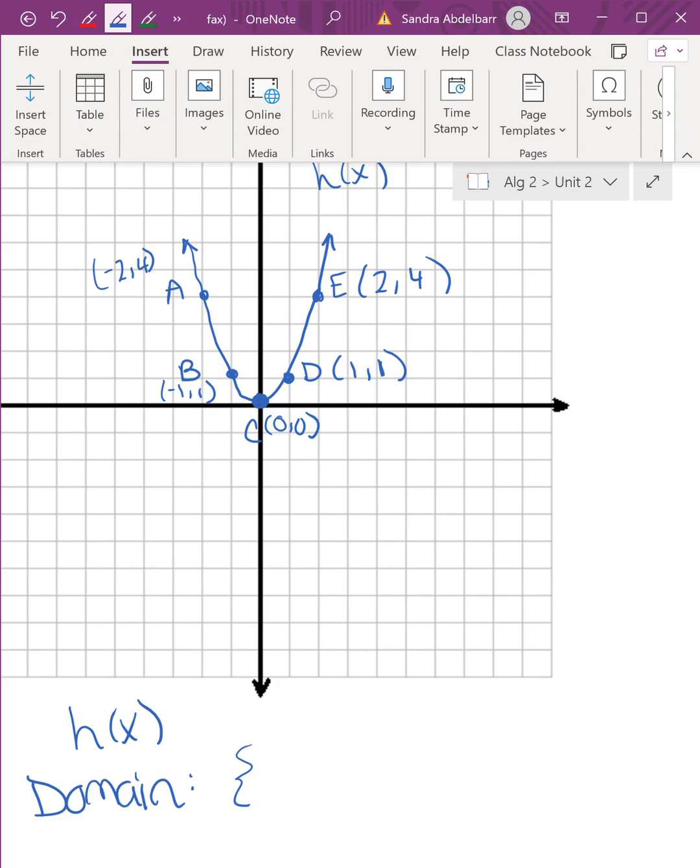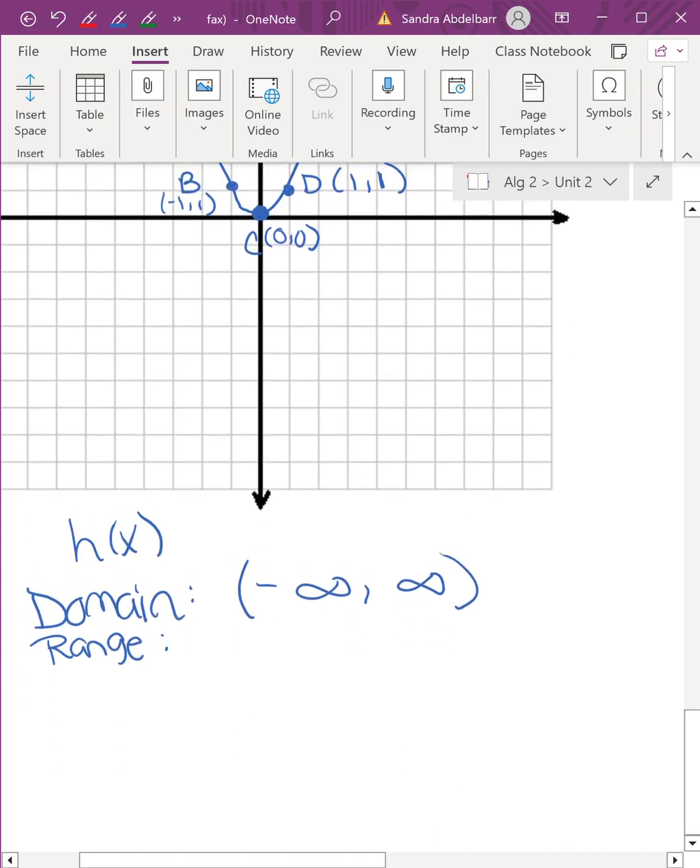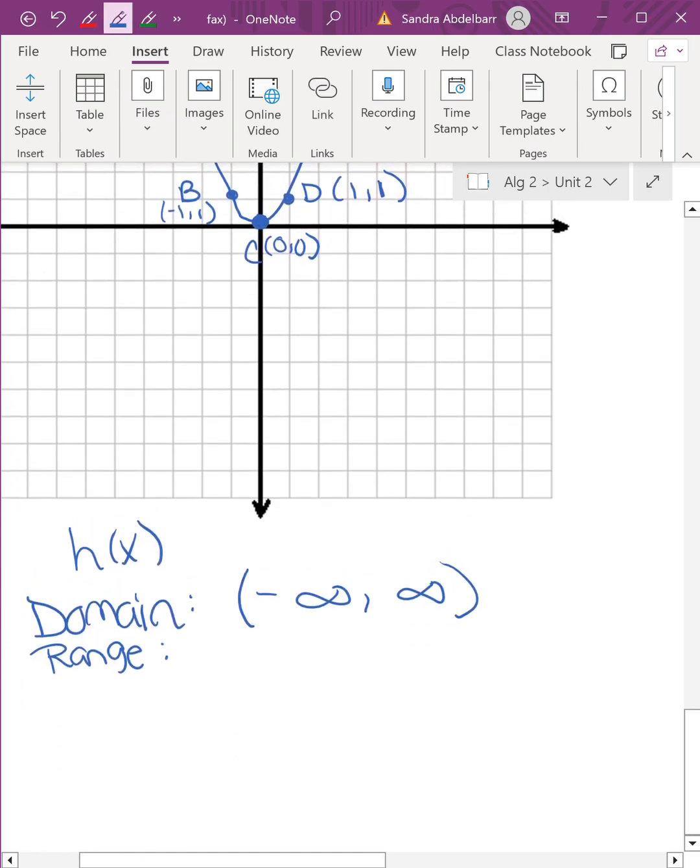You got it. We could write it in interval notation, negative infinity to positive infinity. And then let's also talk about our range. Can somebody tell me what is the range here? 0, infinity. Good. Is 0 included or not included? So it's bracket 0 to positive infinity.